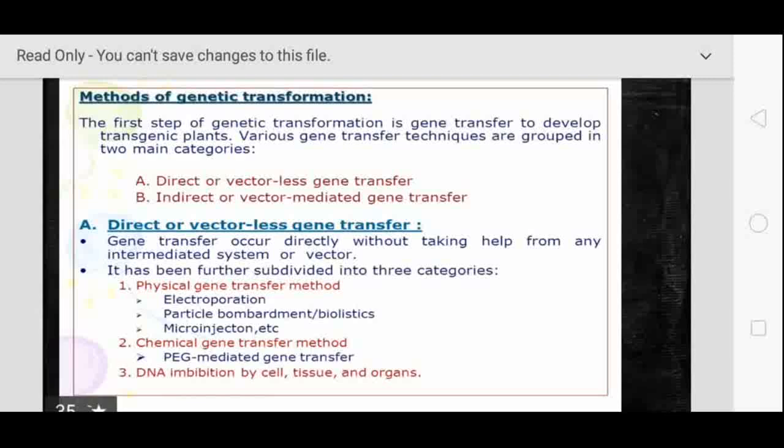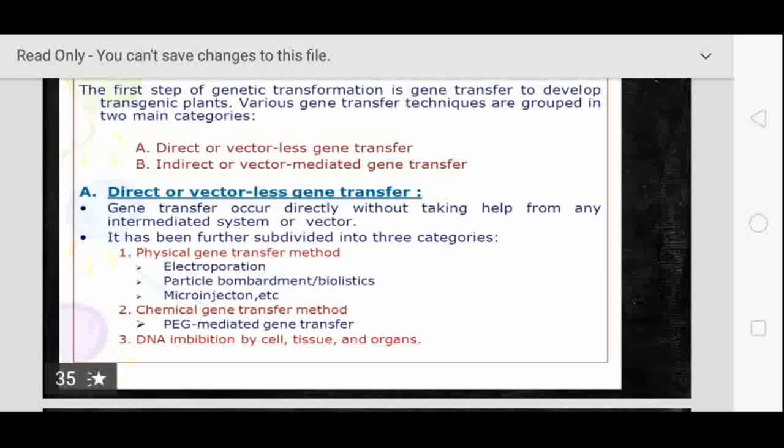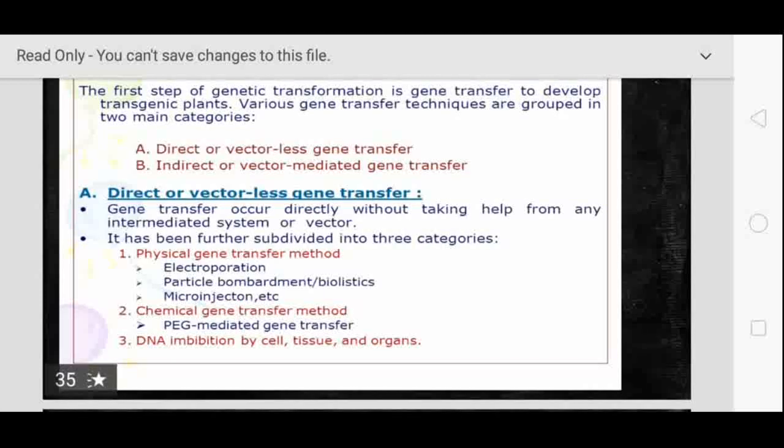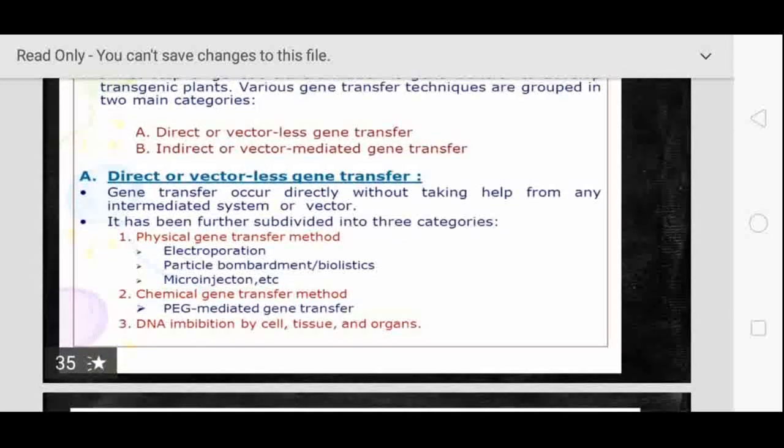Let us see in detail about direct or vectorless gene transfer. Here the gene is directly entering into the host organism without the use of any agents.